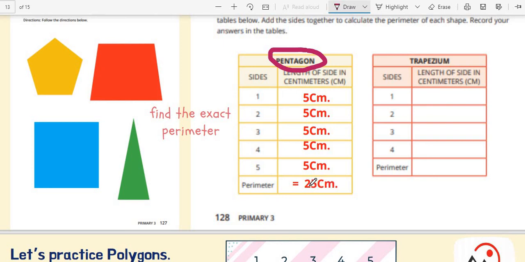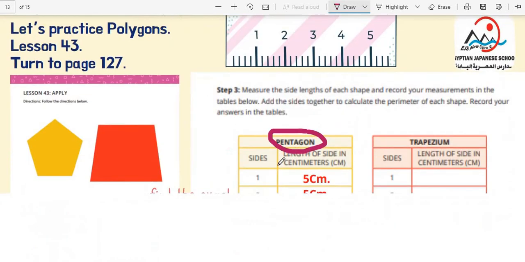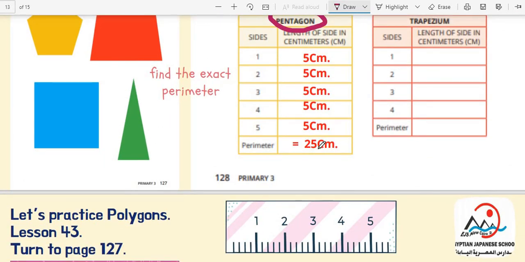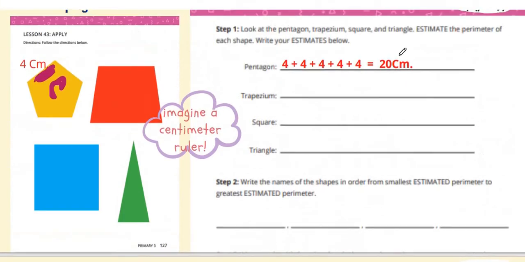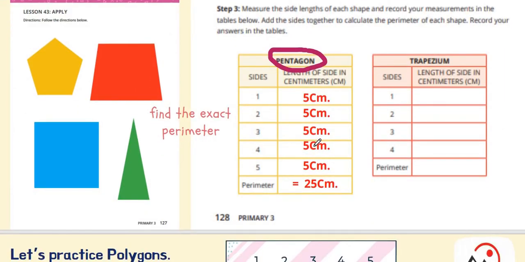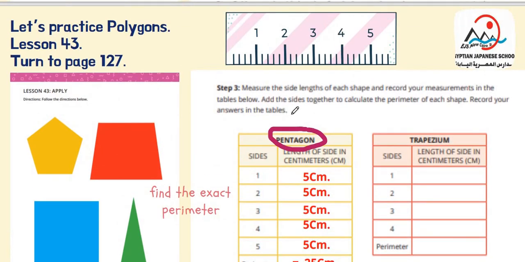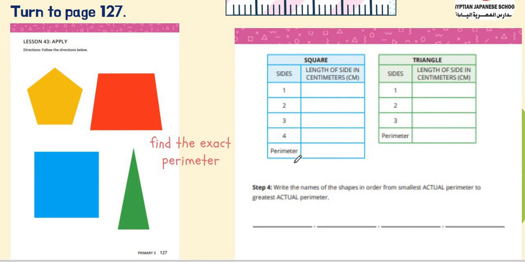The exact perimeter is 25 centimeters for the pentagon, not 20 centimeters. That was the estimated perimeter; this is the exact perimeter. What is the difference between them? 25 here and 20 here. So the difference is 5 centimeters. Okay, and you will repeat this step for trapezium, square, and triangle to get the exact perimeter.